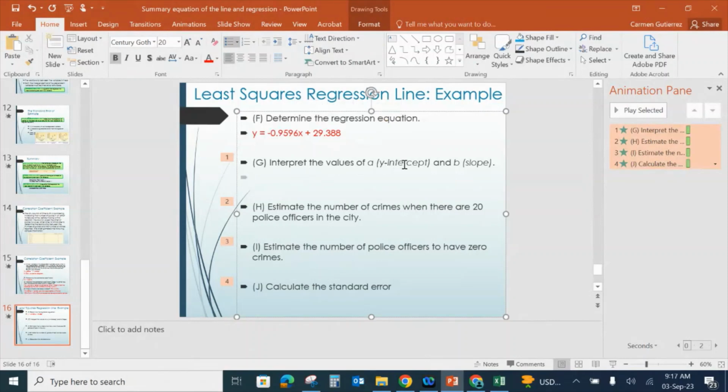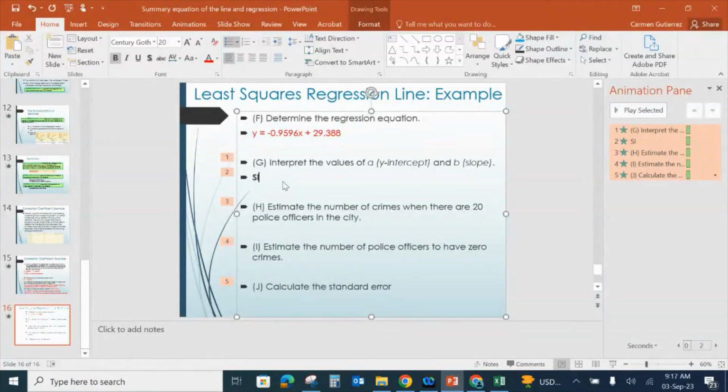Now, interpret the values of the y-intercept and the slope. Which one is which? Whatever multiplies the x, which is 0.95, this one right here, whatever multiplies the x is the slope.